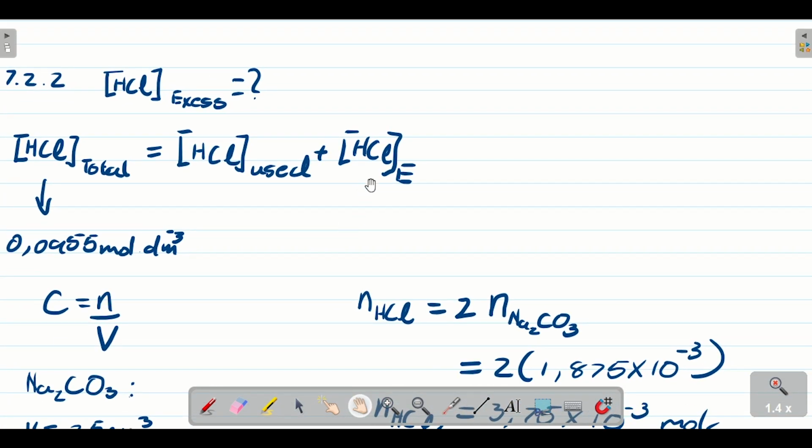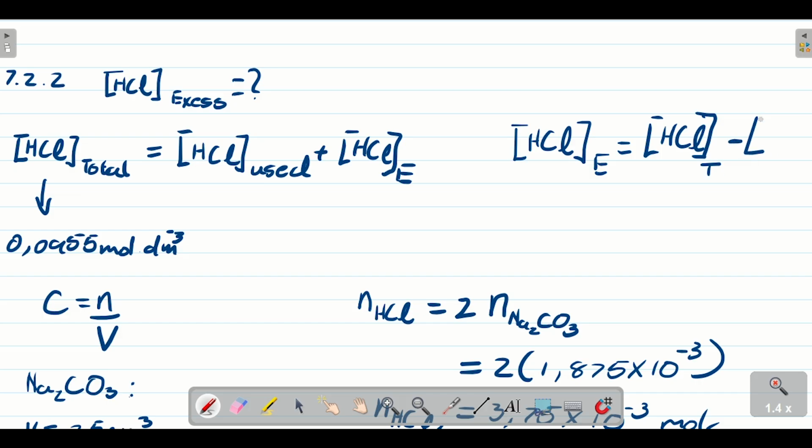So if we make the excess concentration the subject of the formula, we take the used to the other side of the equation, or we subtract both sides by the concentration of the used hydrochloric solution, and we'll get HCl in excess equal to the concentration of the total hydrochloric acid minus the concentration of the used.